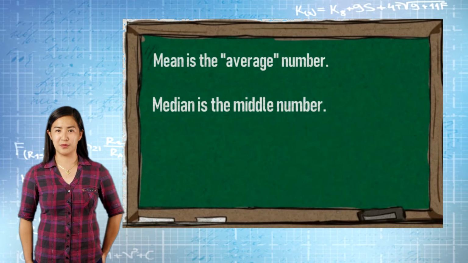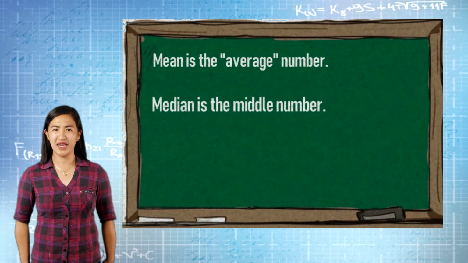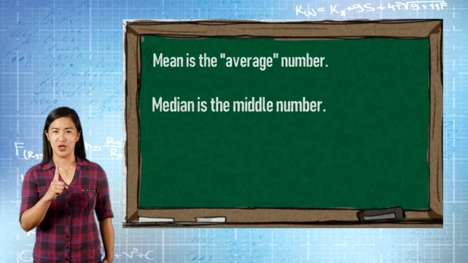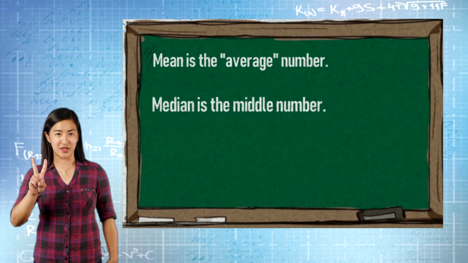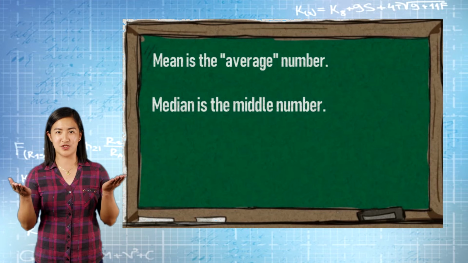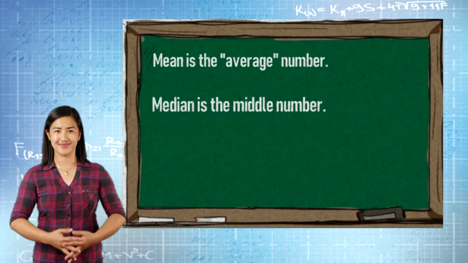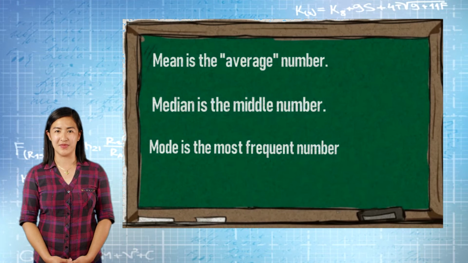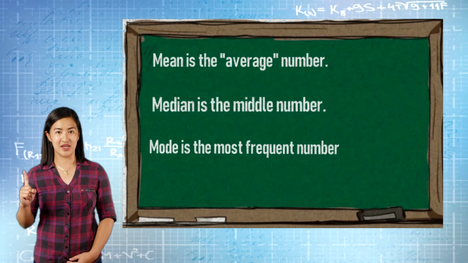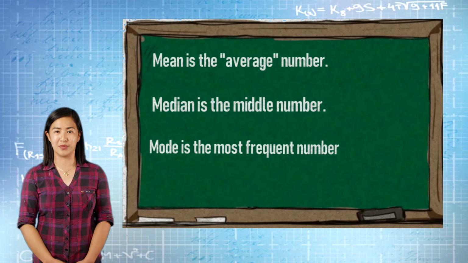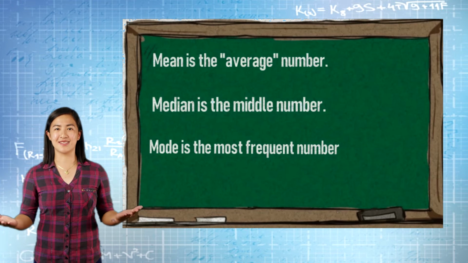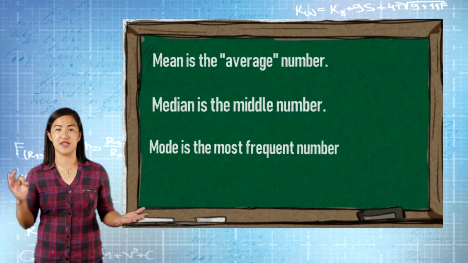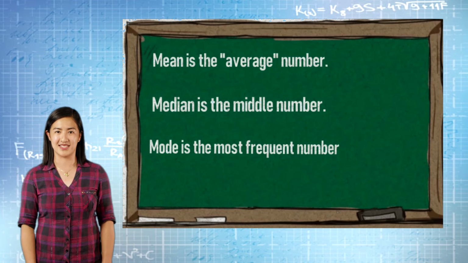Median is the middle number, found by ordering all data points and picking out the one in the middle. Or if there are two middle numbers, we take the mean of those two numbers. Mode is the most frequent number, that is, the number that occurs the highest number of times. These are the basic definitions of the three measures of central tendency.